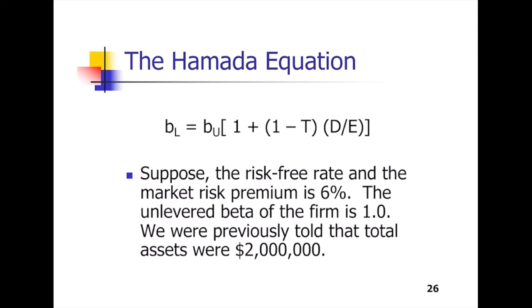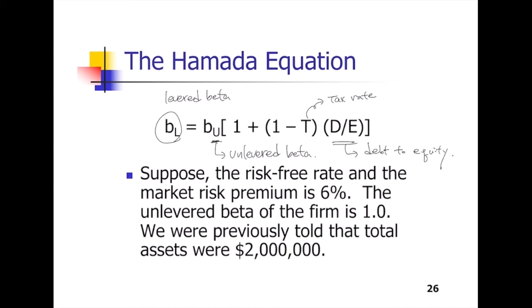So the BL means the levered beta, and BU, U means unlevered beta, and T, it means what? Tax rate. And this part, not debt to asset, this part is debt to equity, right?